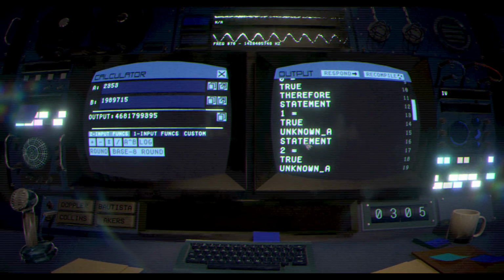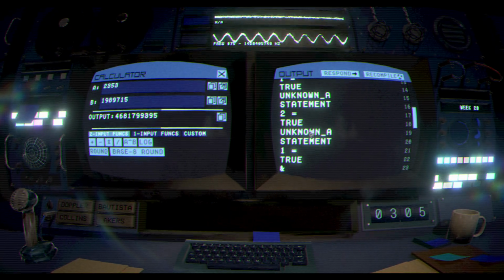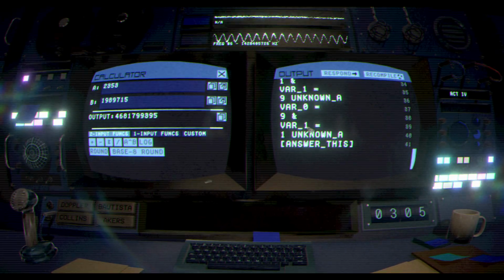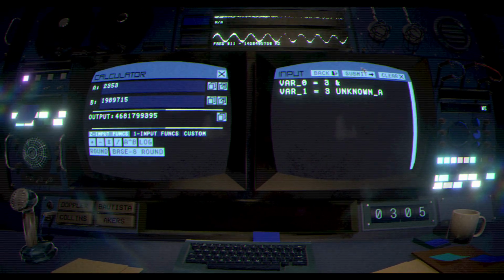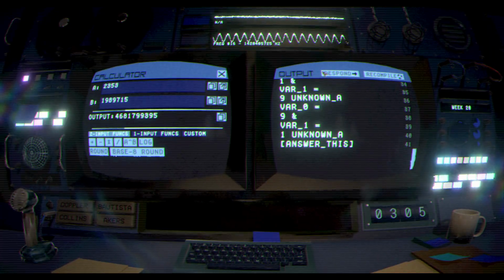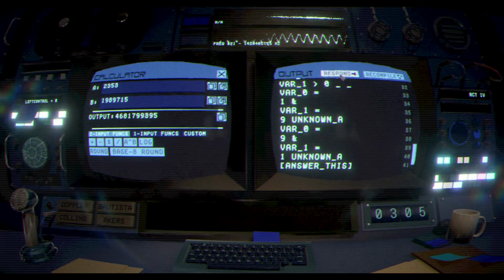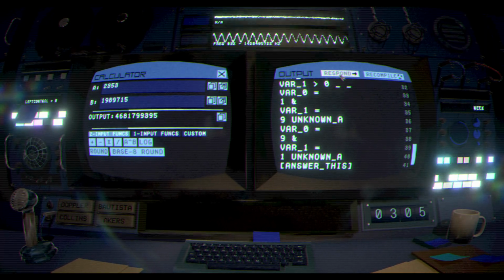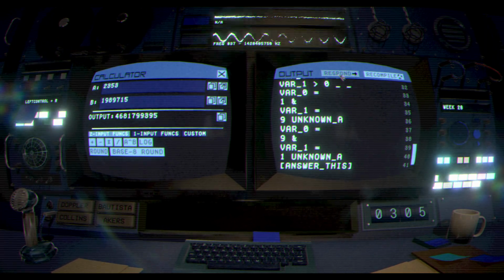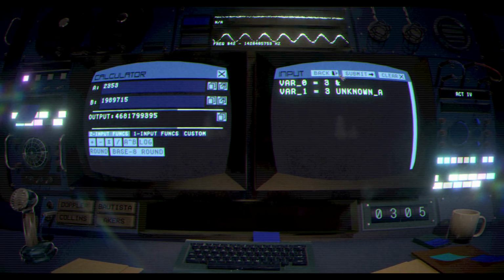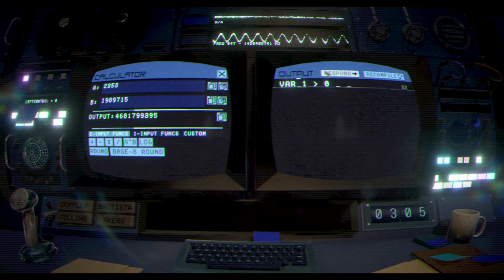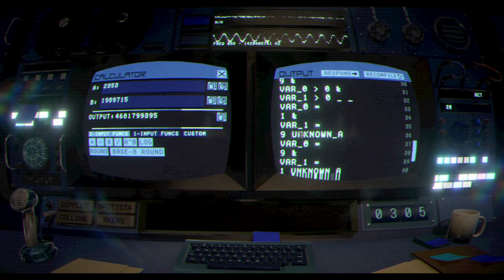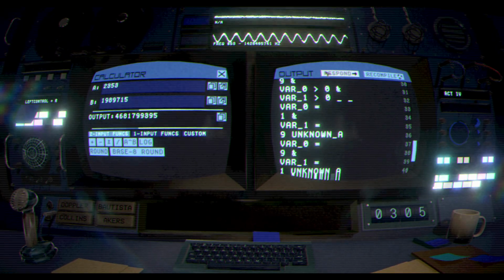Therefore, statement 1 equals true, statement 2 equals true, or statement 1 equals true and statement 2 equals true. It could be that we need both. Feels like we would want a separator, but I guess unknown A is our separator.